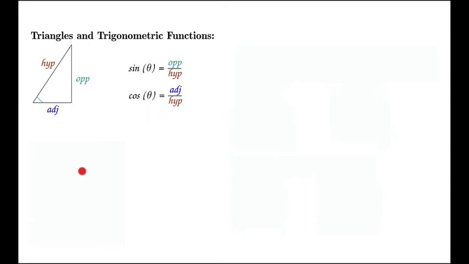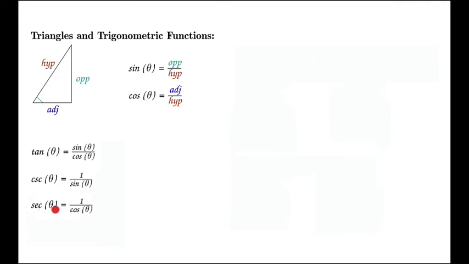Now there are four more trig functions, and all four of these can be written in terms of sines and cosines. Let's start with tangent of theta. The tangent of theta is the ratio sine of theta over cosine of theta. Cosecant of theta is simply 1 over the sine of theta, or the reciprocal of our sine theta function.